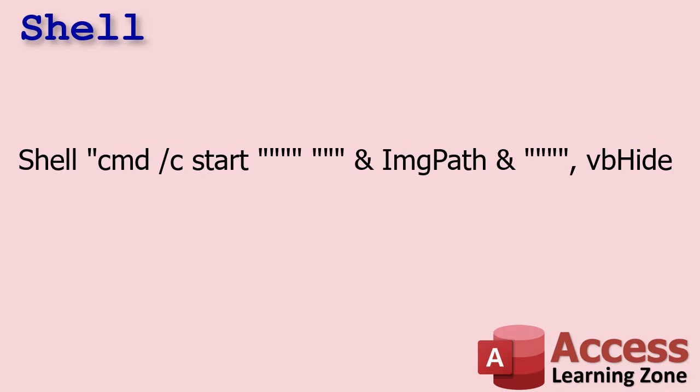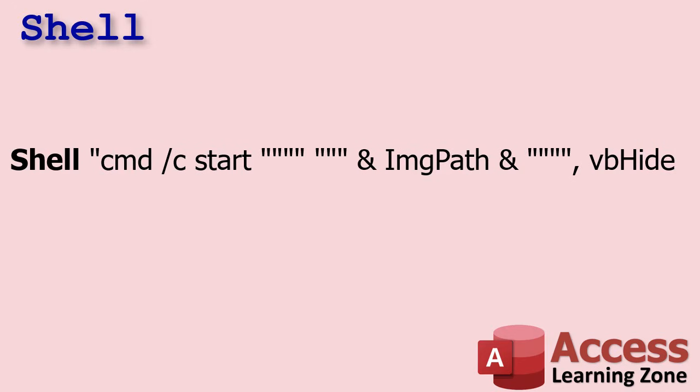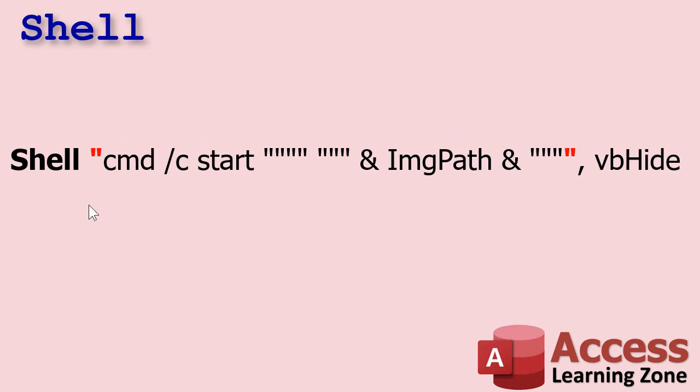All right, this is the command that we just put in VBA. Now, shell is a VBA function that tells Windows to run a command, the same way as if you type it in the command prompt or you use the run dialog. Everything inside the outermost quotes is the command that Windows executes. I made those red. So this guy and this guy, that's the command string itself.